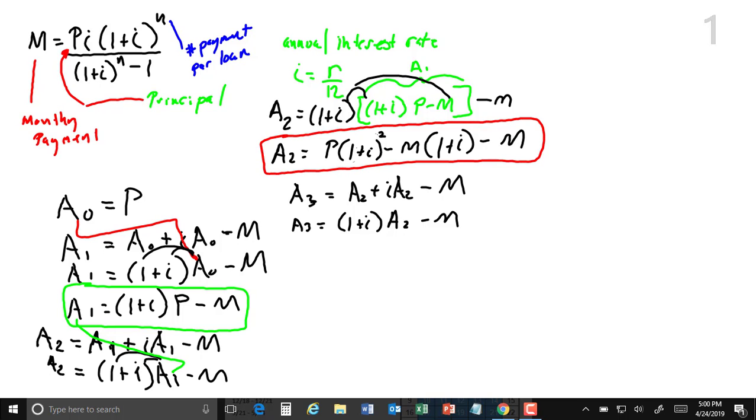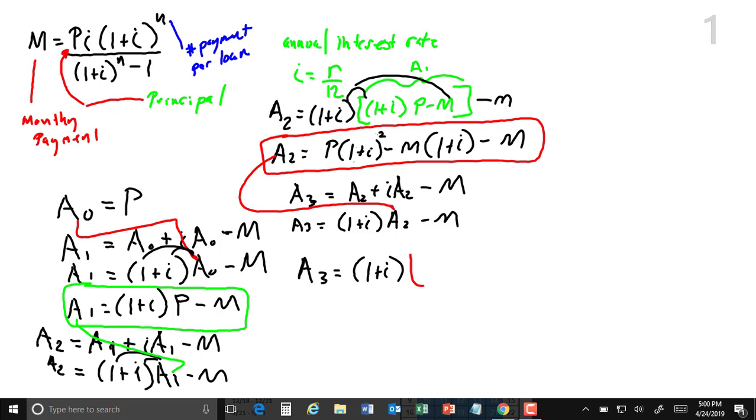See, here's P. So I'm going to take A2 and stuff it up into the A2. So now I'm going to write A3. A3 equals 1 plus I, and now I'm going to put in what A2 is.